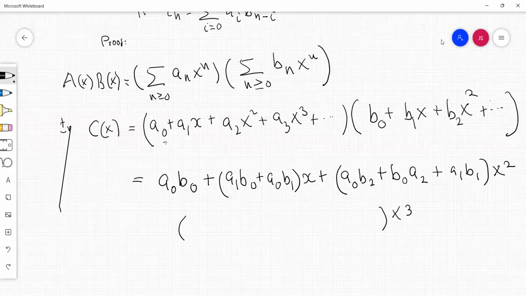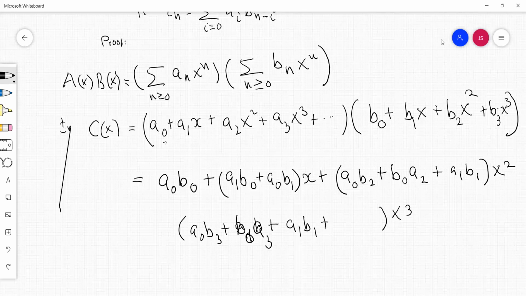First one is a0 b3 and b0 a3, and then a1 b2 and b1 a2. That's all.